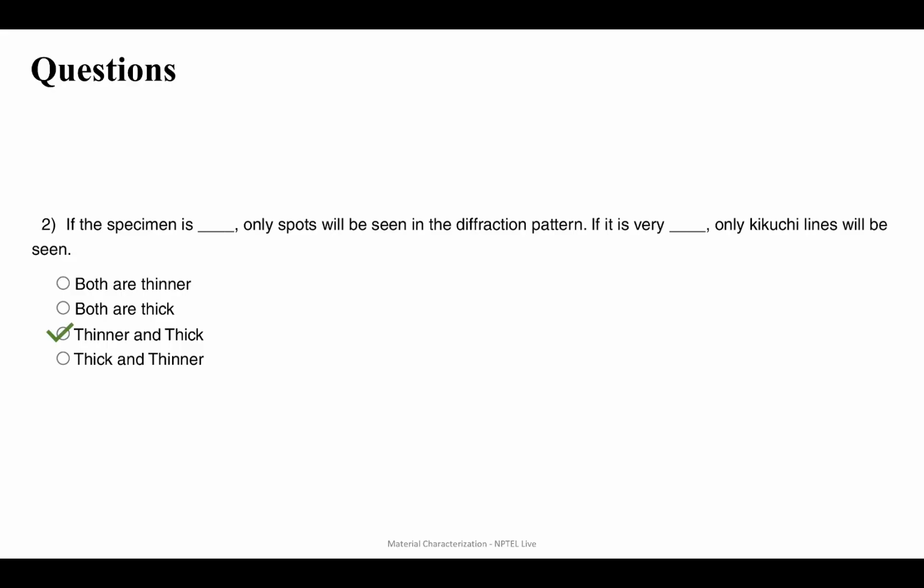So the answer is thinner and thick. If the specimen is thinner, you will have only spots, but if it is very thick, you will have only Kikuchi lines.